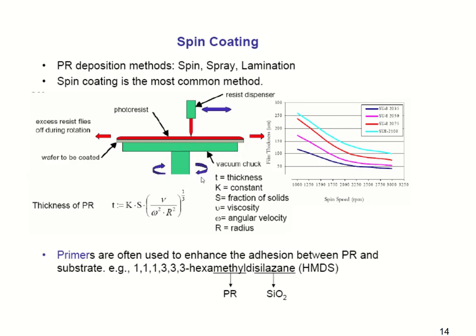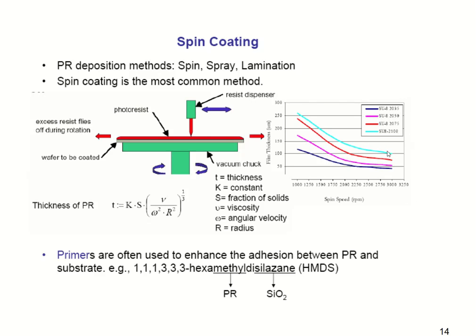Again, the photoresist vendors provide the spinning speed versus film thickness data, like a chart. So, for example, depending on the SU8 product, let's say you choose SU8 2100, this is the sky blue plot here.